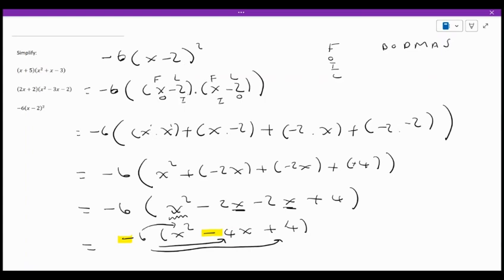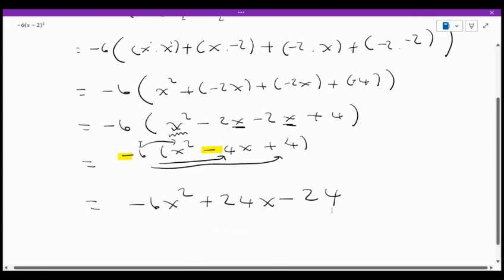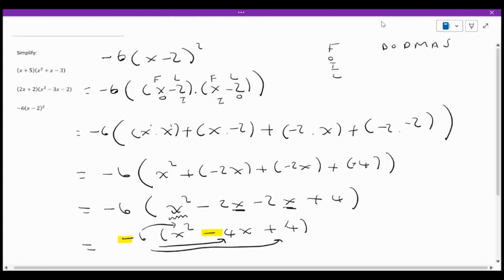So we expand it, then FOIL it, and then simplify further. And then we look at what's on the outside afterwards. And we know what's on the outside has to multiply with each term inside the bracket. And that is all for today.